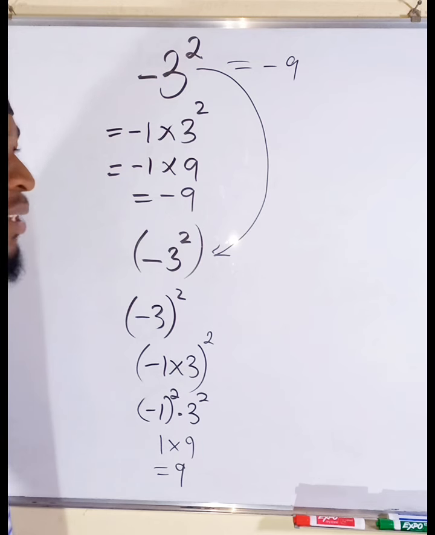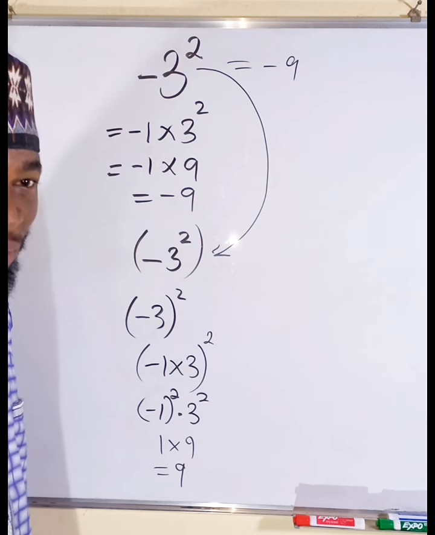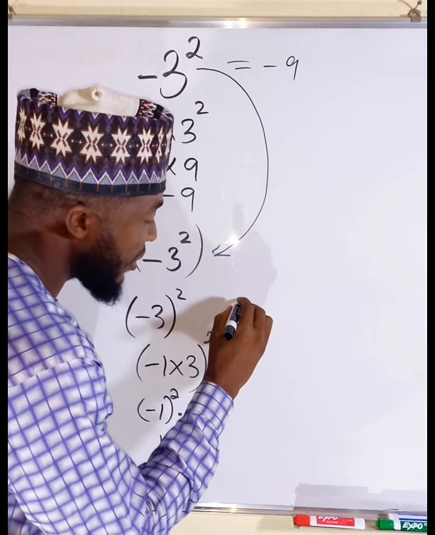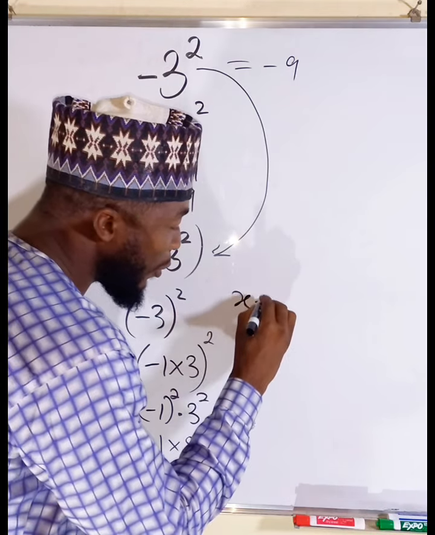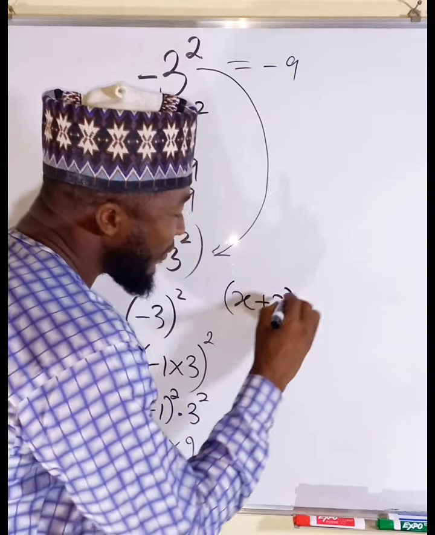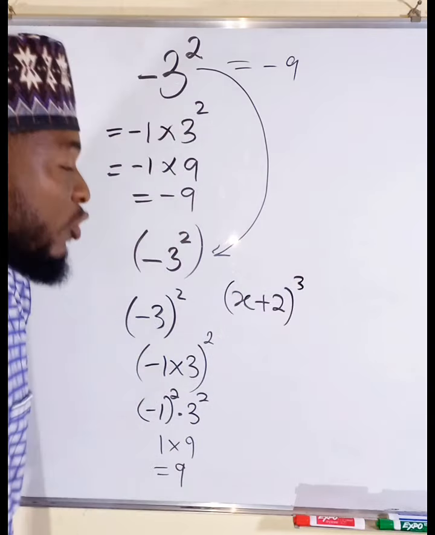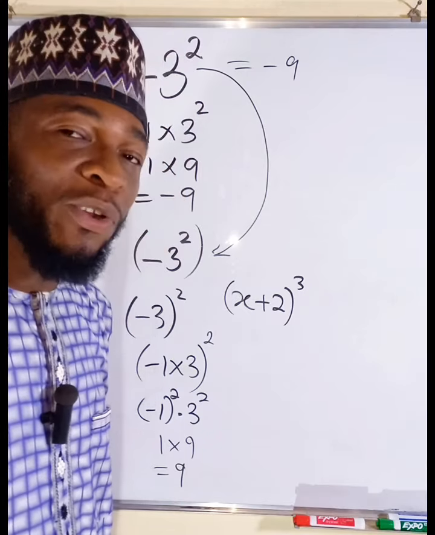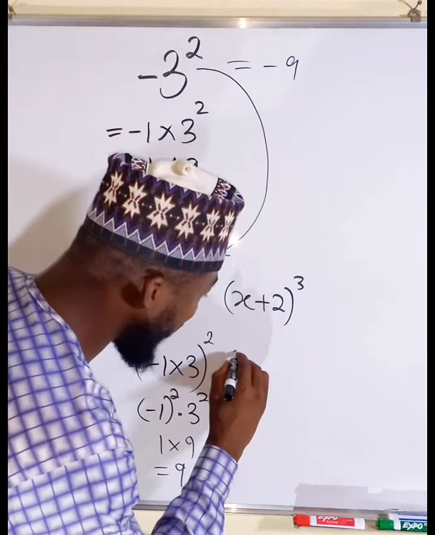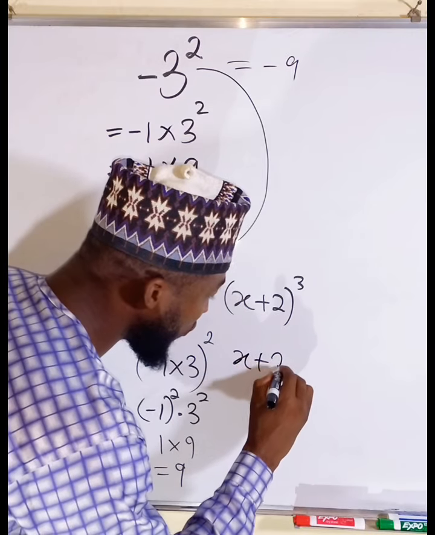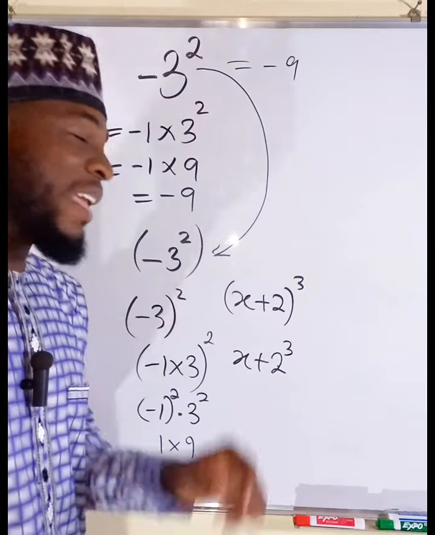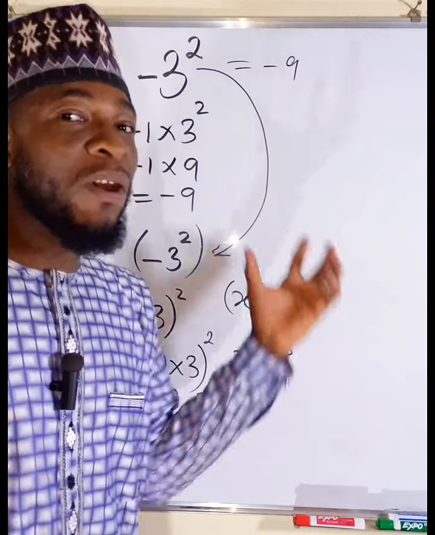Okay, in mathematics, when you have a parenthesis to a certain power, for example, if I say (x plus 2) to the power of 3, we don't call this x plus 2 to the power of 3. When you say x plus 2 to the power of 3, this is what you are saying. But we call this x plus 2 whole to the power of 3.